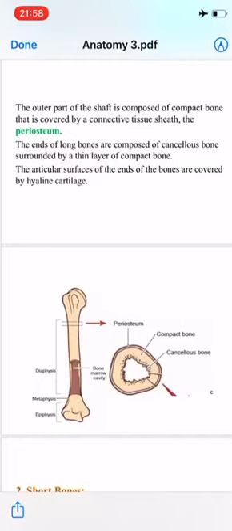The ends of the long bones are composed of cancellous bone, عظم اسفنجي, surrounded by a thin layer of compact bone. The articular surfaces of the ends of the bones are covered by hyaline cartilage. والجزء الذي تتمفصل به العظام أو أطراف العظام يحيطها غضروف الشفاف.